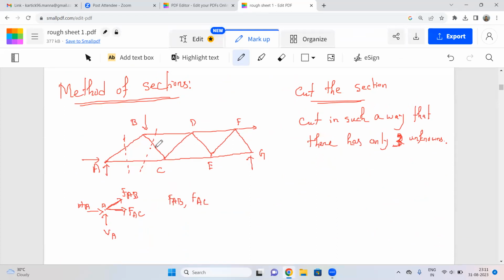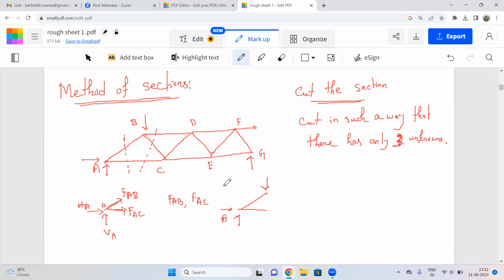So for that, what will happen? This is your point A. At point A, you know these two values. This is your point B, where you have this 80 kilonewton force. You have cut through this line.